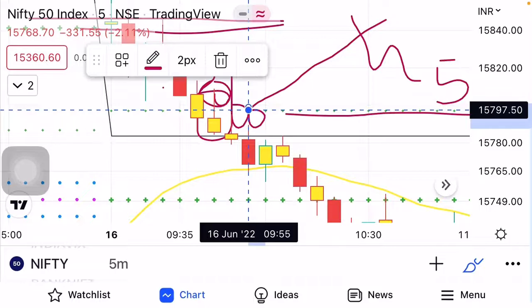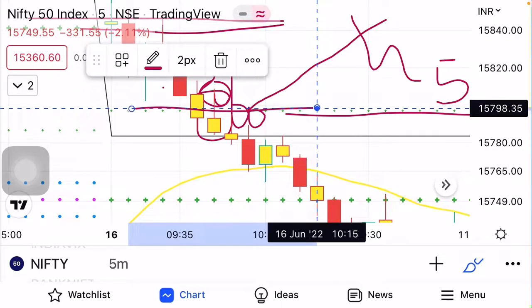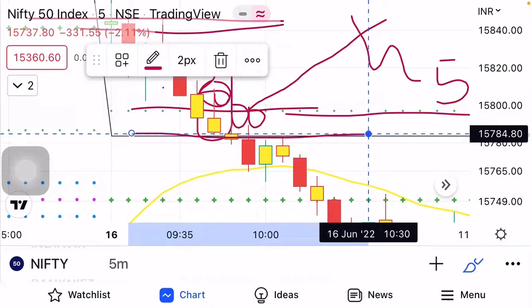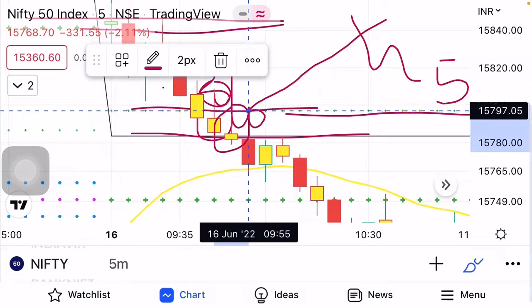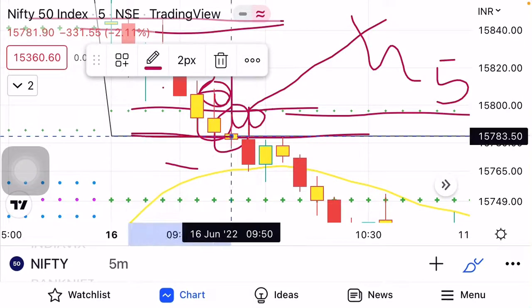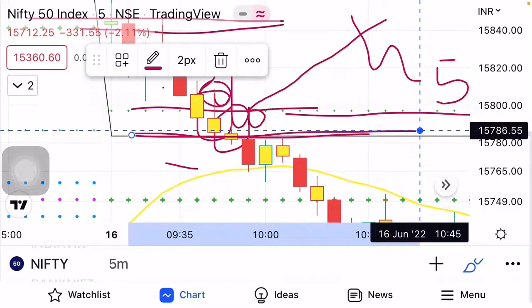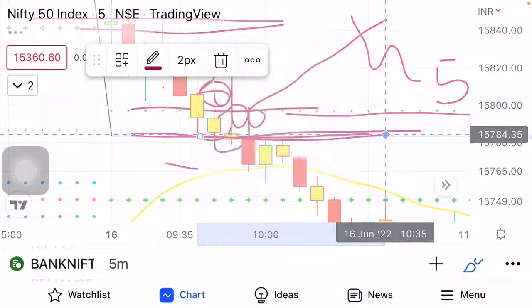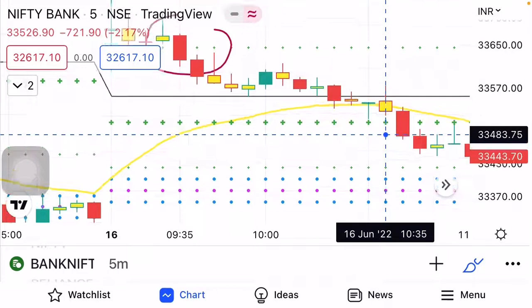So if you observe here, the first H5 was crossed, okay, and it came near previous day high. So here at this point also it got rejected. Everywhere it is getting rejected again and again, because if you observe here, this candle has broken this previous day high, but at that point of time Bank Nifty had not even come near previous day's high.